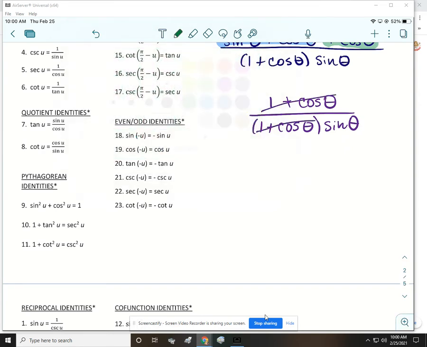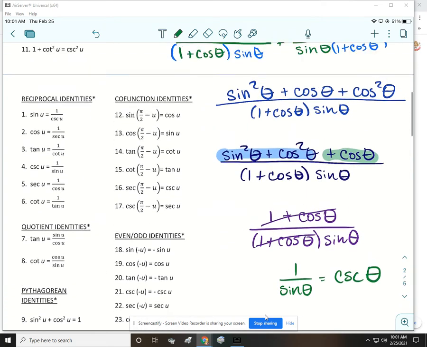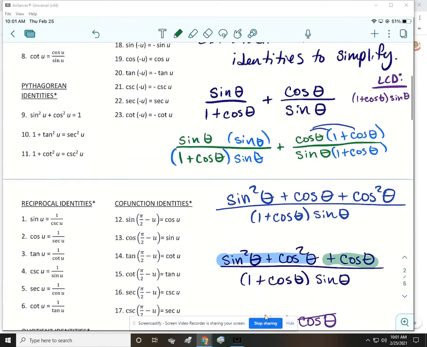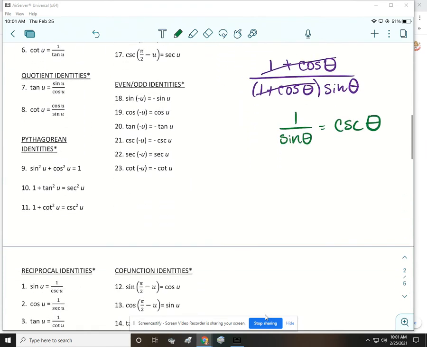And when everything gets canceled out of the numerator, you're left with a 1 up there. And we all know that 1 over sine of theta is cosecant of theta. All right, so that, even though it started off a lot different with an addition problem, it simplified all the way down to just cosecant of theta.